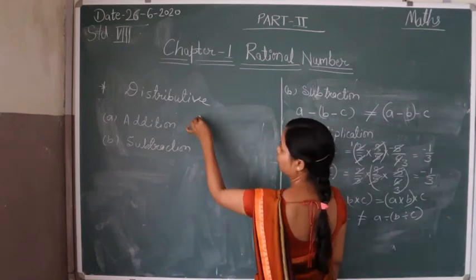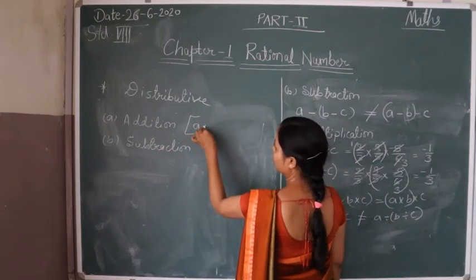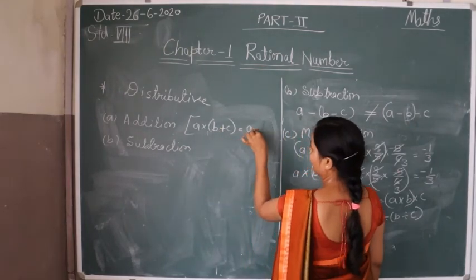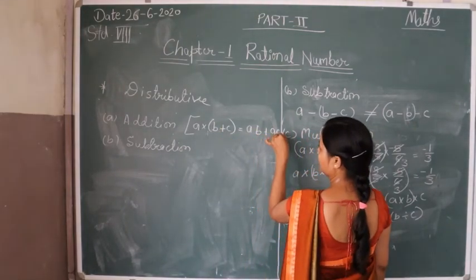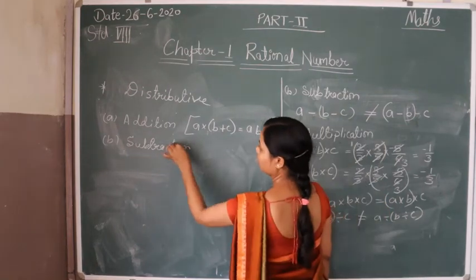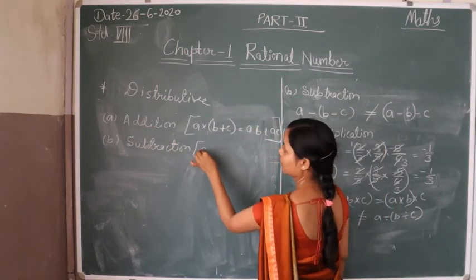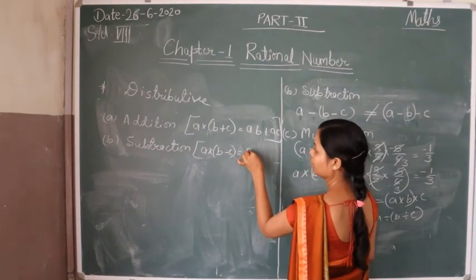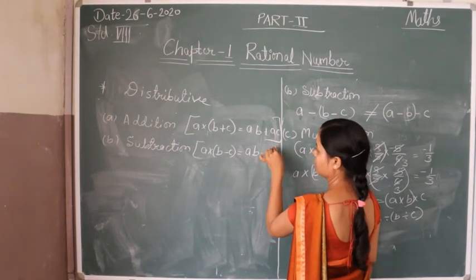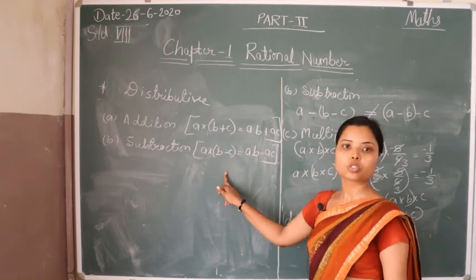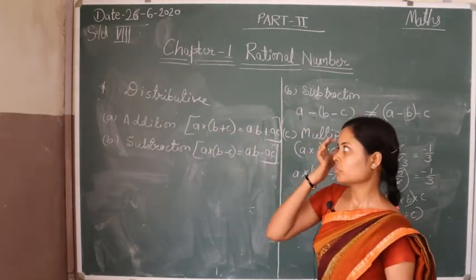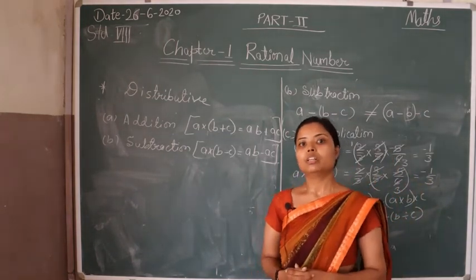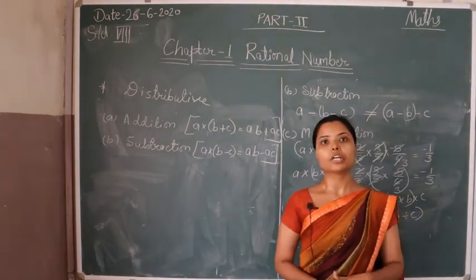In addition, you apply the operation A into (B plus C). So we get AB plus AC. And for subtraction, A into (B minus C). So we get AB minus AC. So you try to solve this taking some rational numbers.